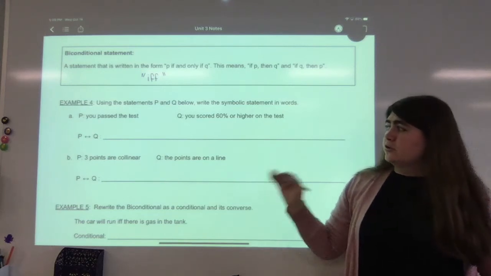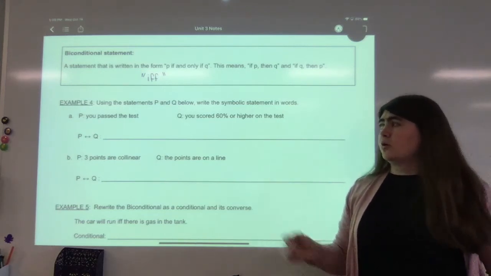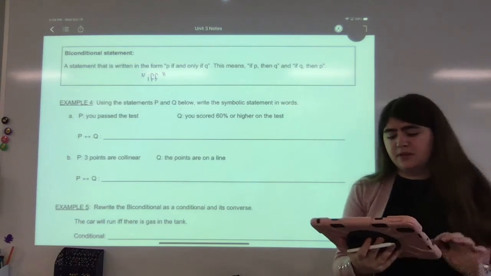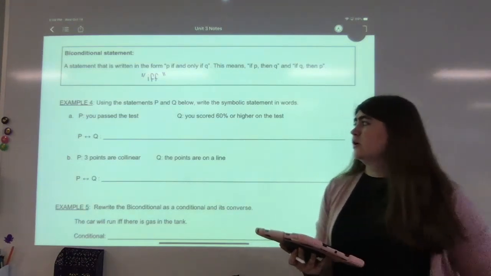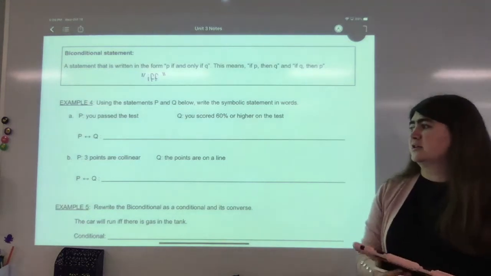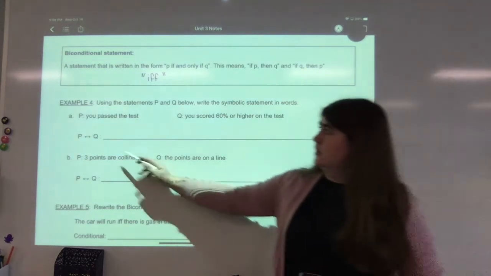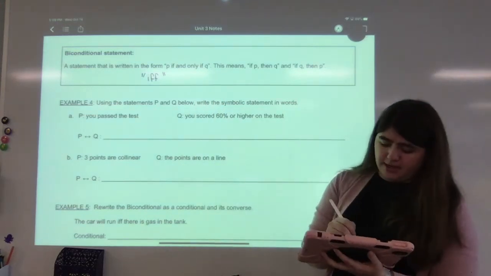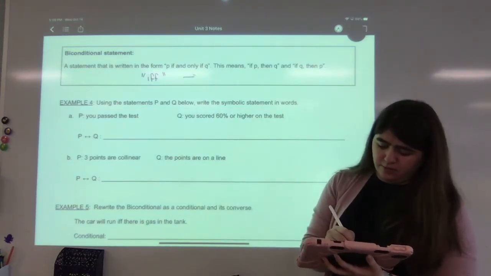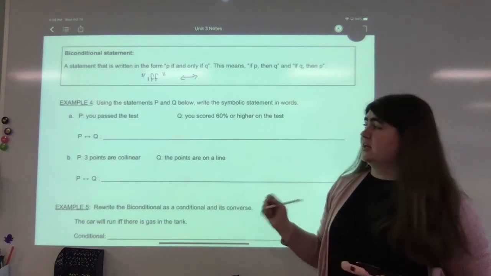Example 4. Using the statements P and Q below, write the symbolic statements in words. A, we have P, you passed the test. Q, you scored 60% or higher on the test. And with this symbol, I should also write up here that the biconditional statement, if and only if, is represented by a double-sided arrow.